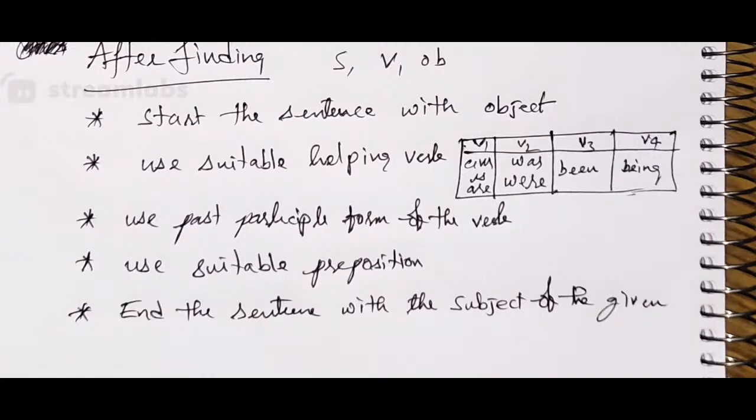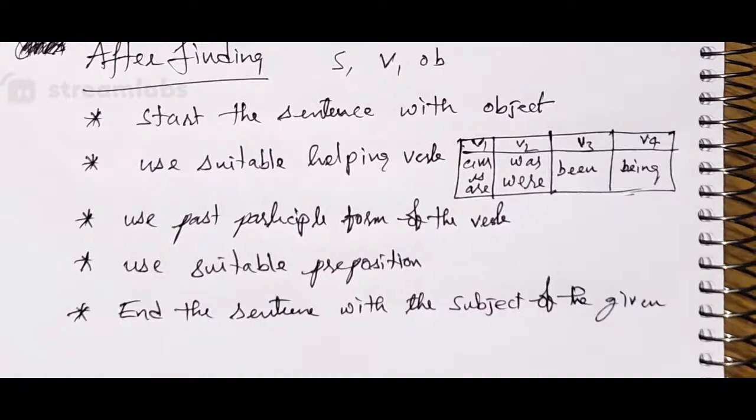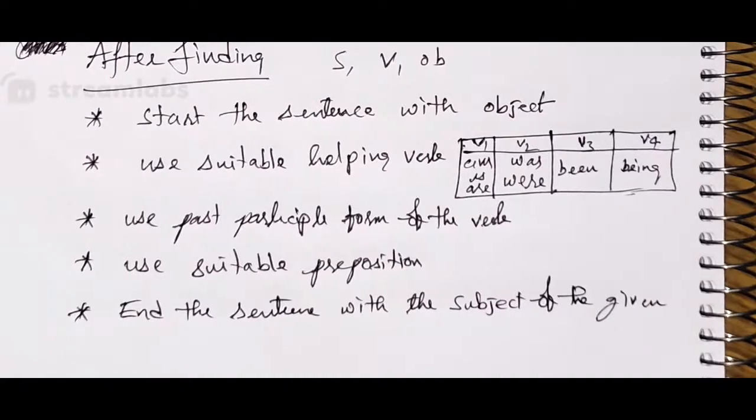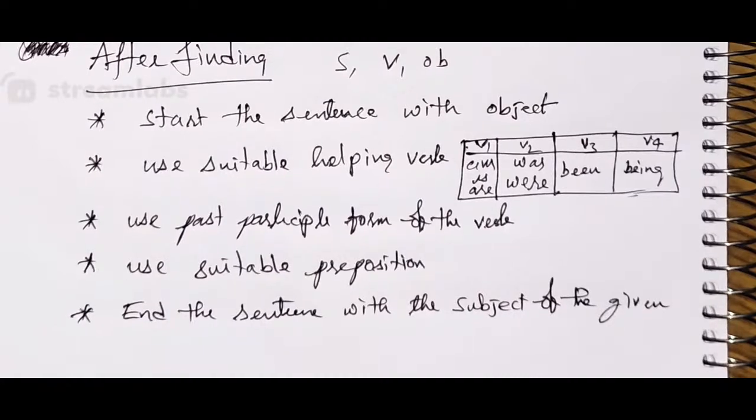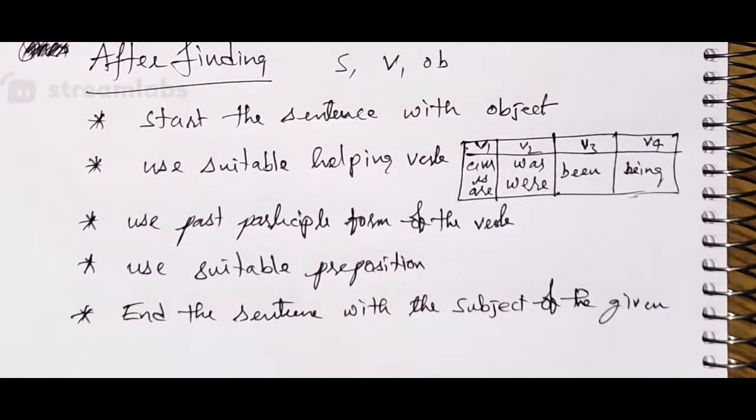Next, use a suitable helping verb. There was a small table which I have named the principle of replacement. Then the third one is to use the past participle form of the verb, the fourth rule is to use a suitable preposition, and the fifth one is to end the sentence with the subject of the given sentence. That subject has to be used in the passive sentence at the end. So these are the primary rules.